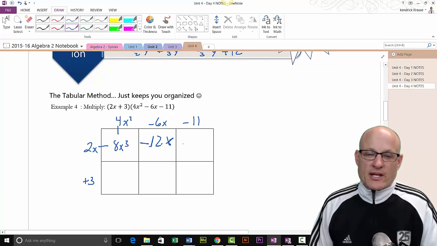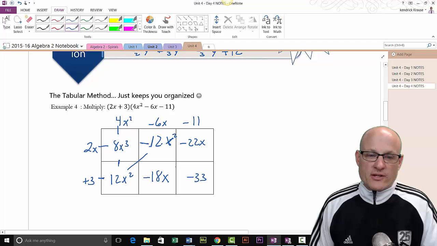And then 2x times negative 11 is negative 22x. And then this one down here is 3, and then this one up here, so that would be 12x squared. And then this would be minus 18x. Oh, by the way, this should be squared. I apologize. And then minus 33.